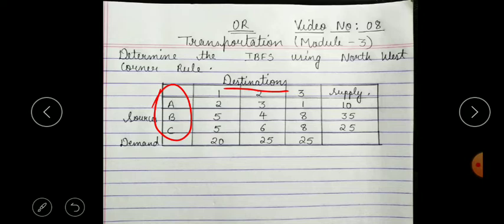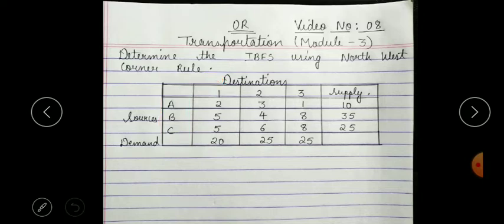Source is the starting point always. So what happens is your units, that is whatever items you have, you are going to transport from these sources towards these destinations.